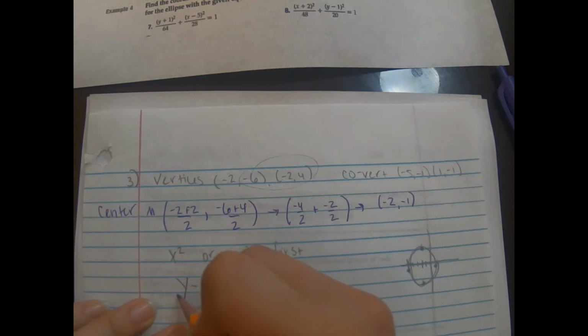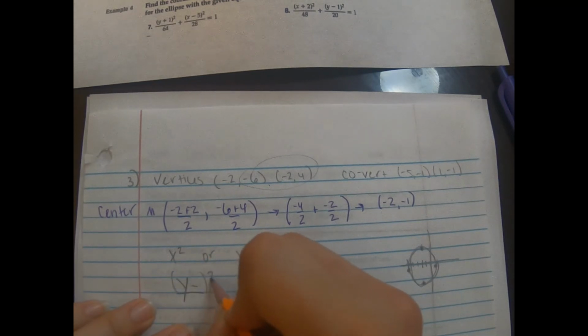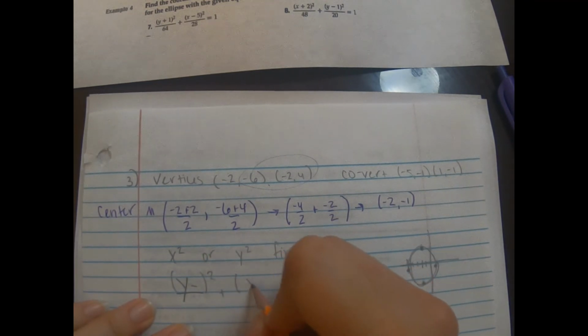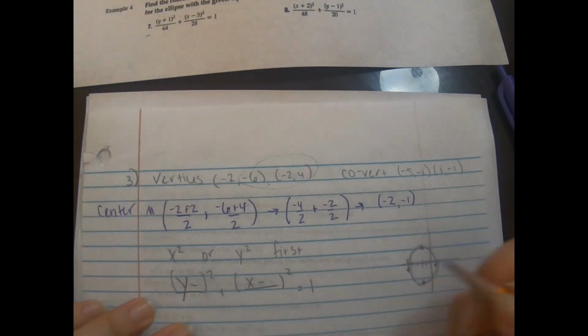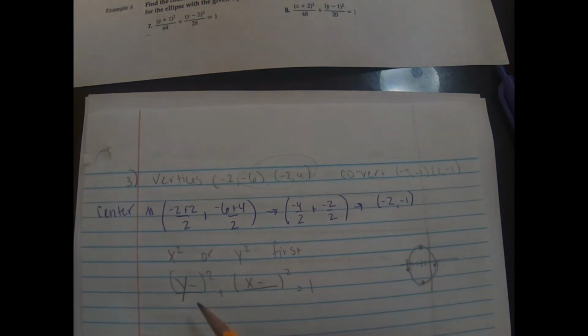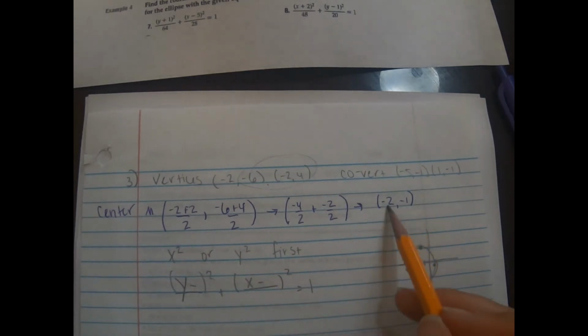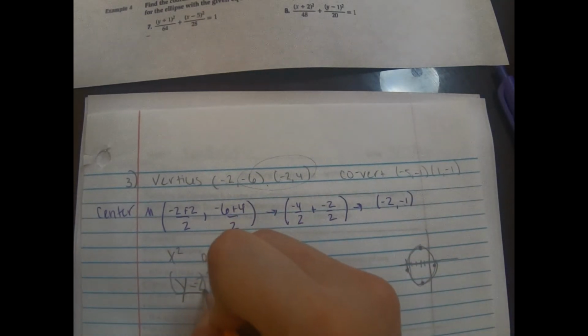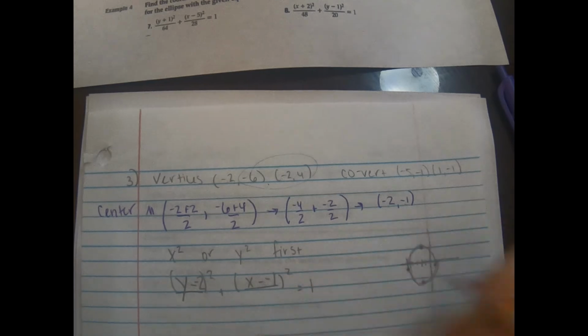So I'm going to do y minus something squared, x minus something squared equals 1. So the something that goes in here is the center. Negative 2, negative 1.